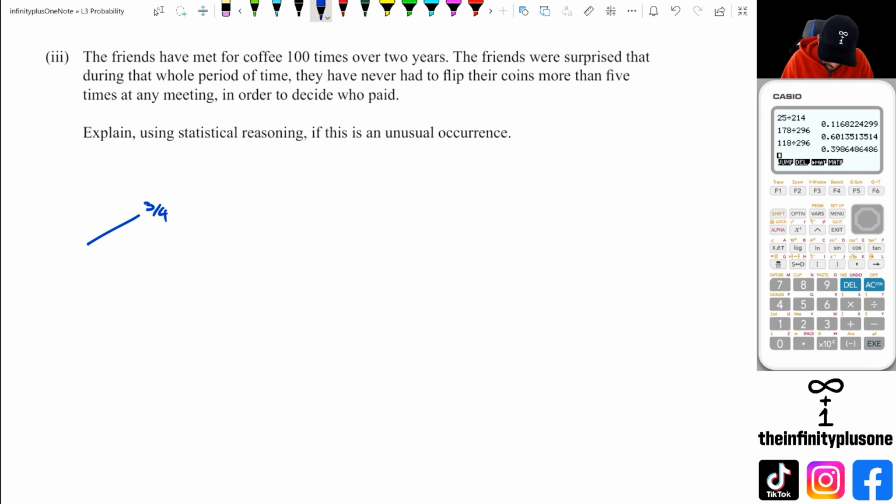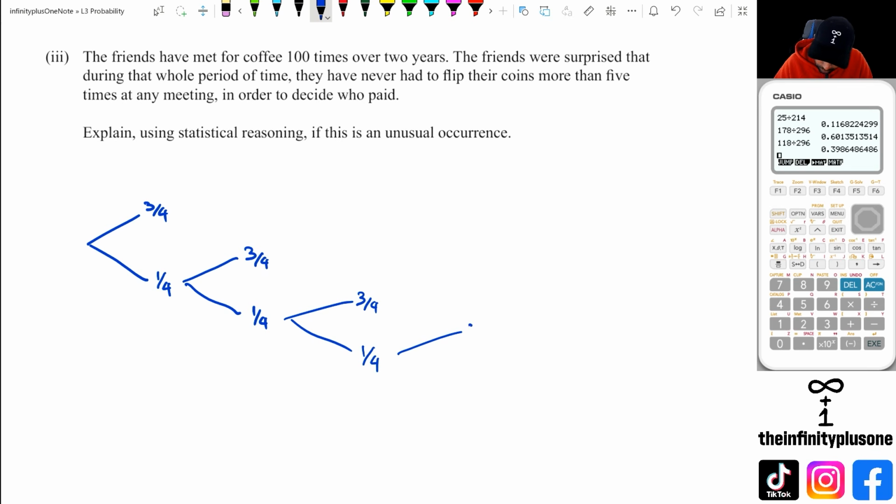So there's a 3 in 4 chance that they don't flip, or 25% chance that they flip again. But then in the second flip, it's still going to be 3 over 4 and 1 over 4. The third one, 3 over 4 and 1 over 4. The fourth one, 3 over 4, 1 over 4. And then the fifth one is 3 over 4 and 1 over 4.